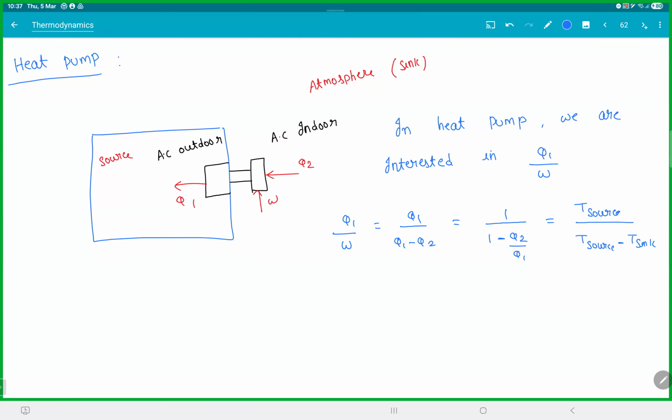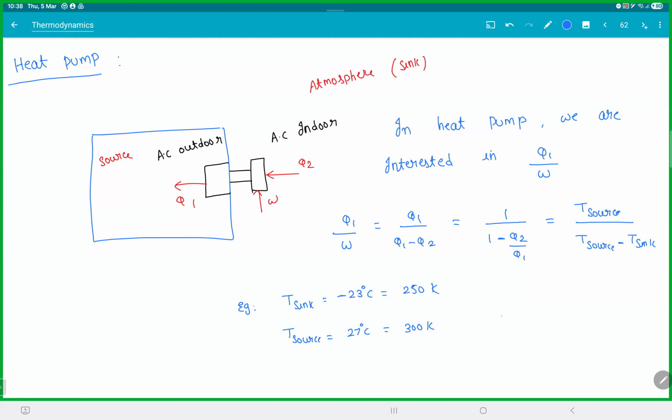So just look at the example, okay? T sink, that means the atmospheric temperature outside, let's say is -23 degrees, which is 250 Kelvin. Temperature of the room, you want to maintain 27 degrees, which is 300 Kelvin.